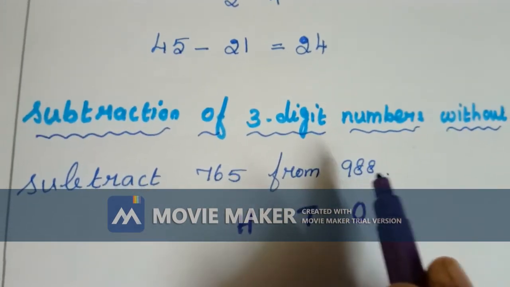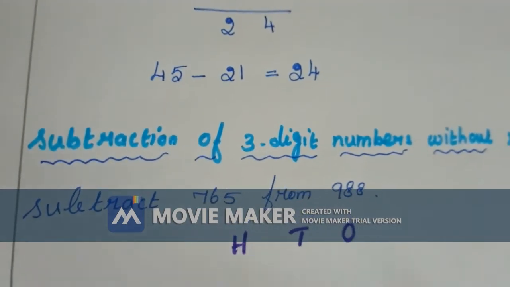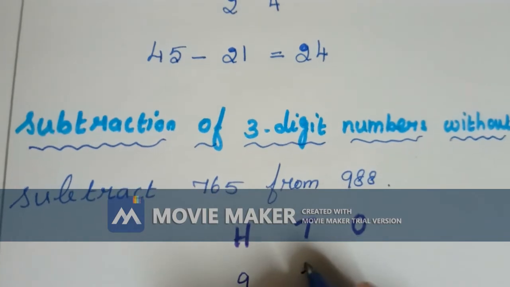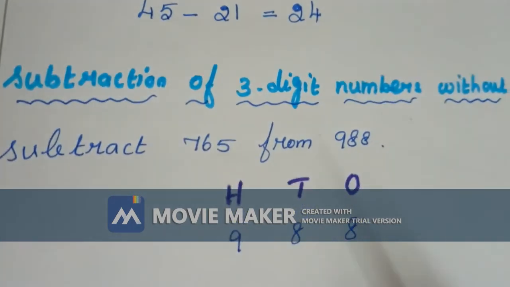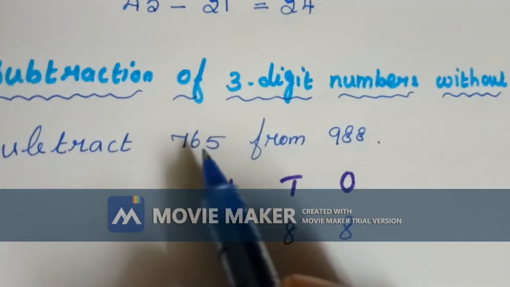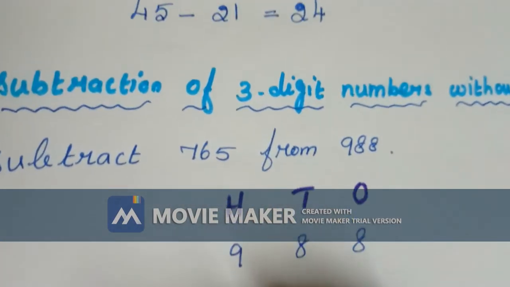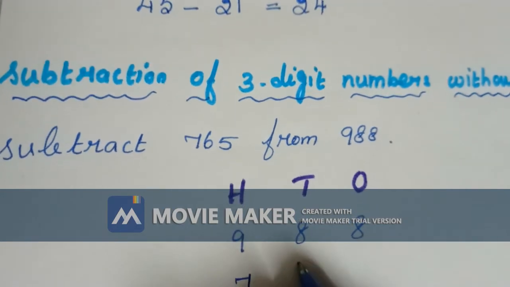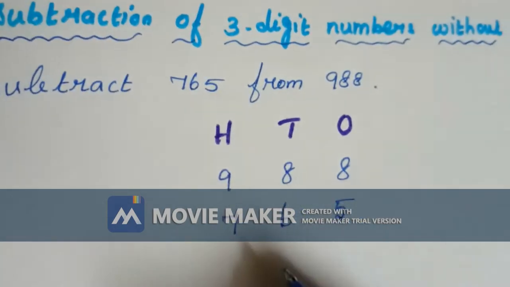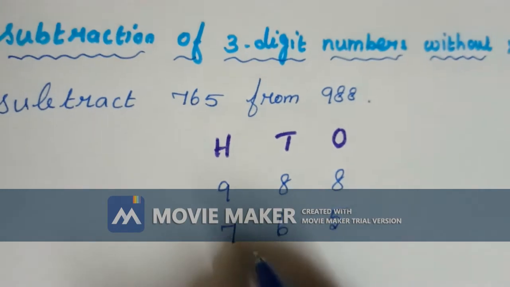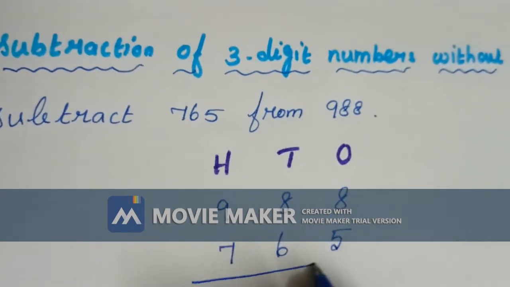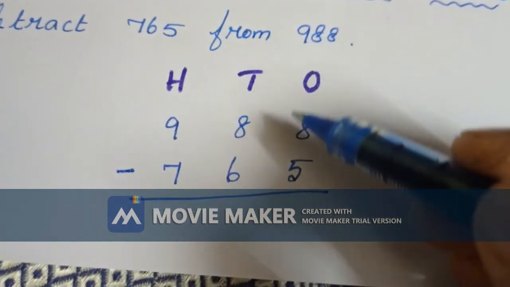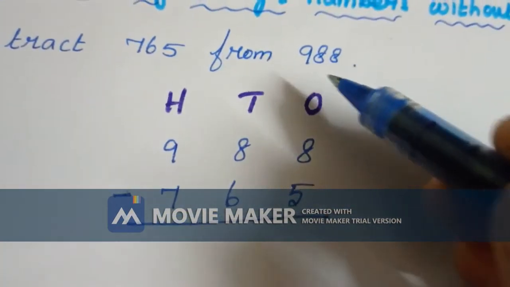Yes, 988 is the bigger number, so write 988 at first. The next number is 765, write it second. Now what is the next step children? Yes, we have to subtract these two numbers.